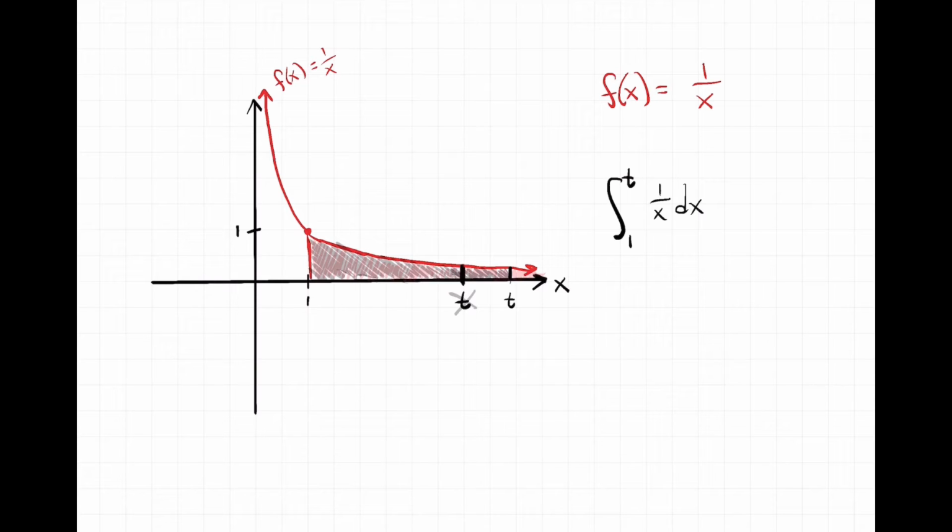So this is what we'll do. We'll take the limit as t goes to infinity of this area, and this is going to give us our total area. And the notation for this, we'll just call this the integral from 1 to infinity of our function.